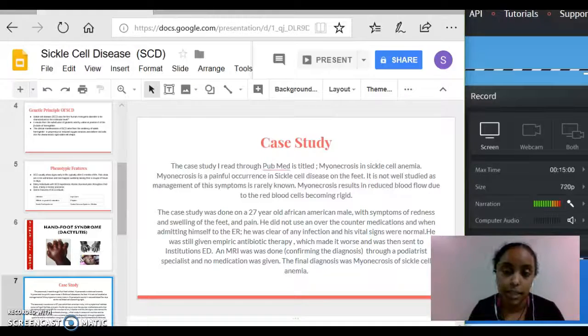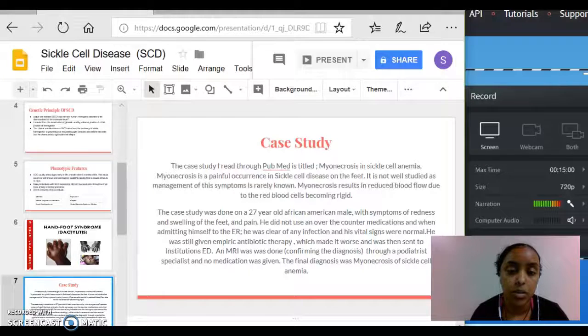He didn't use any over-the-counter medications to deal with his pain. He admitted himself to the hospital, where all his vital signs were normal. He showed no sign of infection, but they did end up giving him empiric antibiotic therapy, which actually made it much worse.